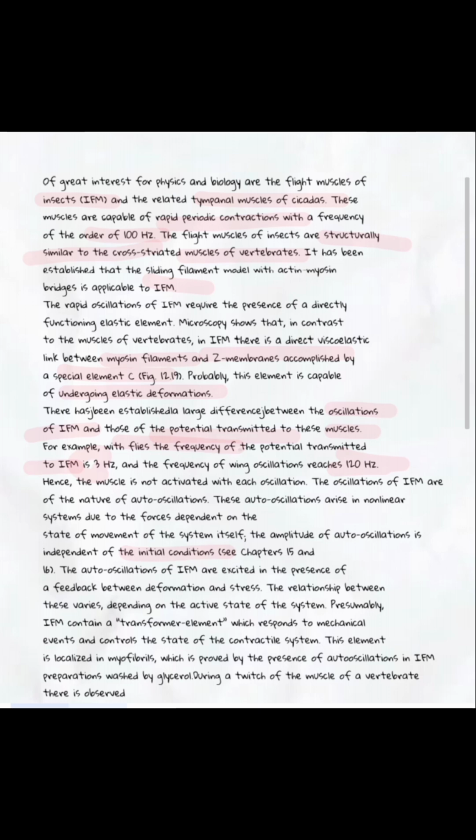The auto-oscillations of IFM are excited in the presence of a feedback between the deformation and the stress. The IFM contains a transformer element which responds to the mechanical events that control the state of the contractile system. This element is localized in the myofibril, which proves the presence of auto-oscillation in the IFM.